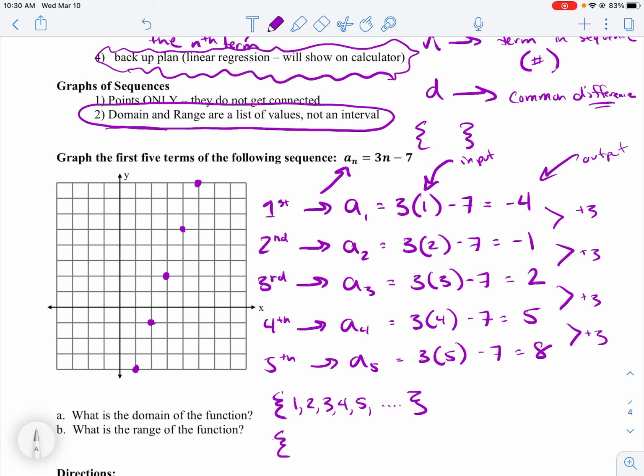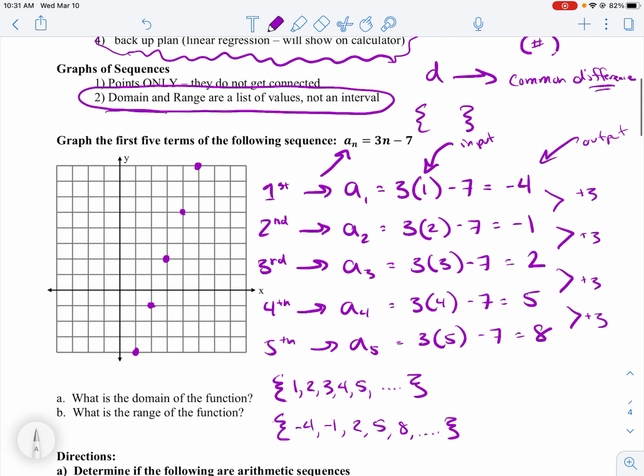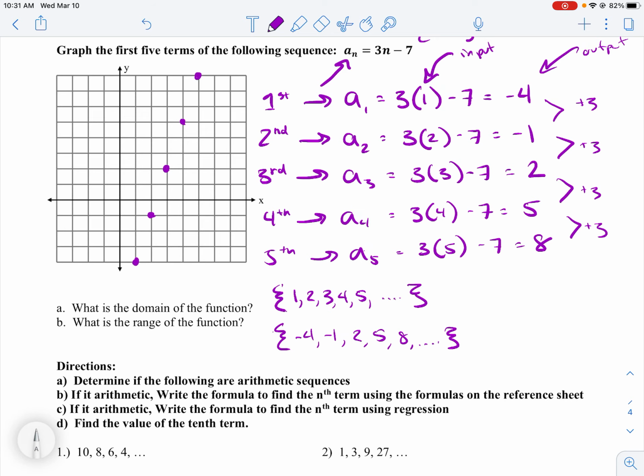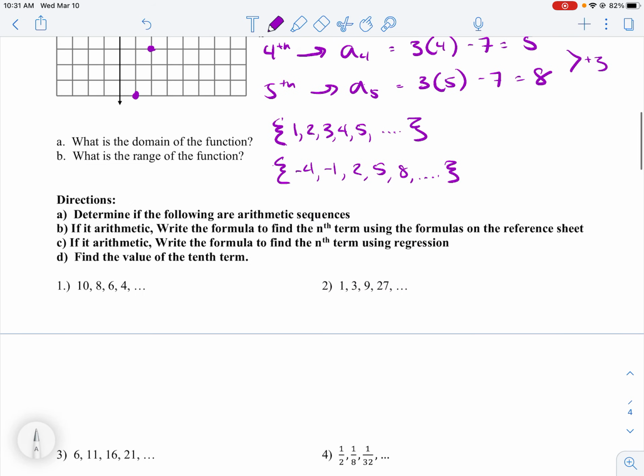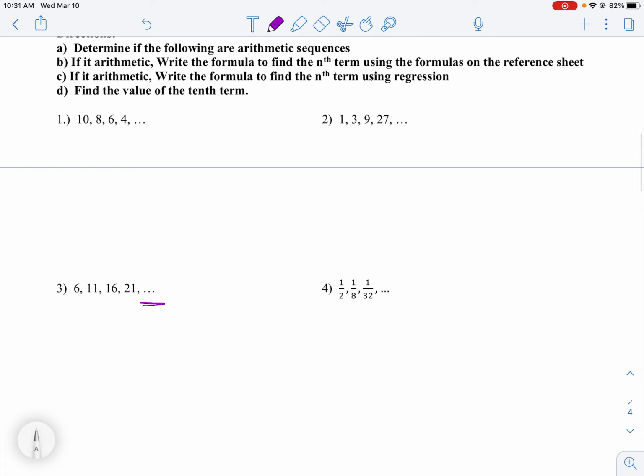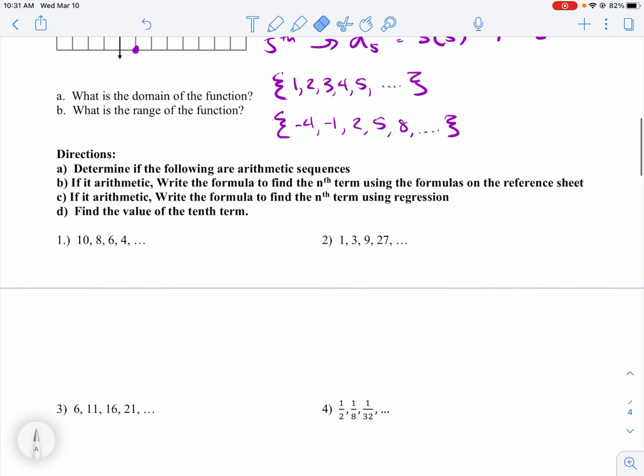So in this case, it's -4, -1, 2, 5, 8, and so on and so forth. Because numbers are infinite, make sure you put those 3 dots to let them know it goes on forever. And if you notice, we have the 3 dots in all of these to let us know that these are sequences.